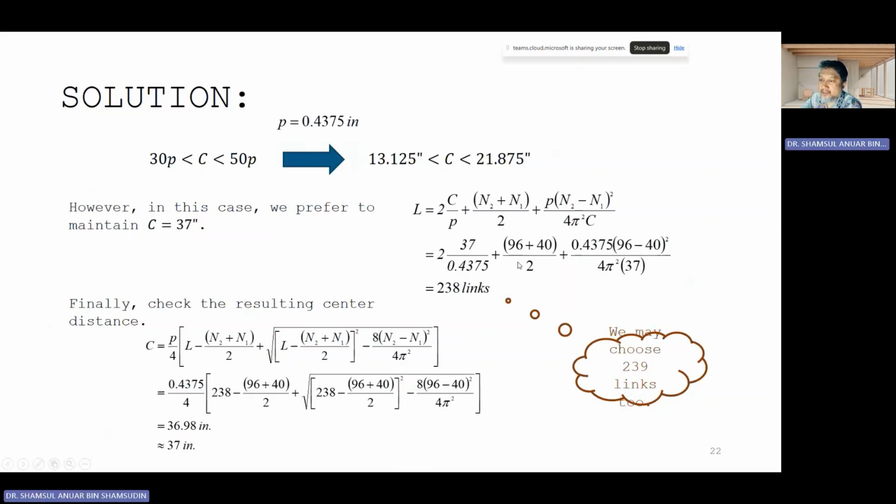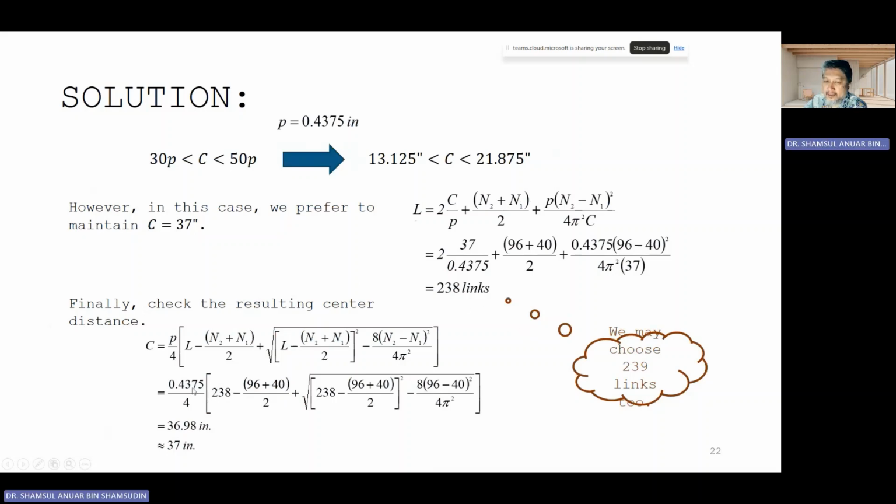So we can put 37 there. Here, and this will get us the number of links, which is 238.